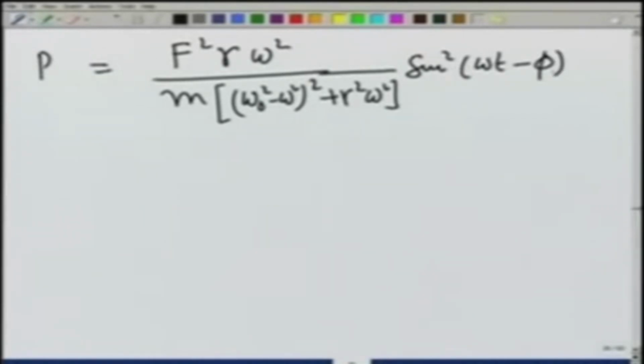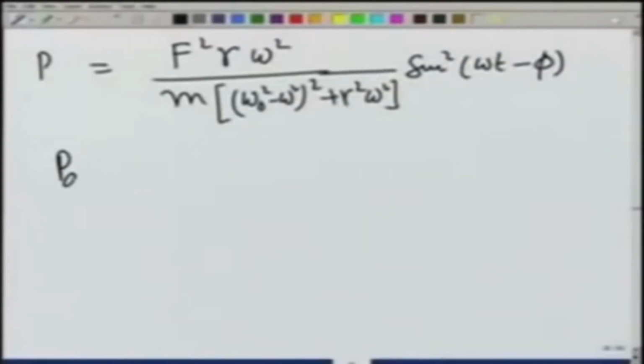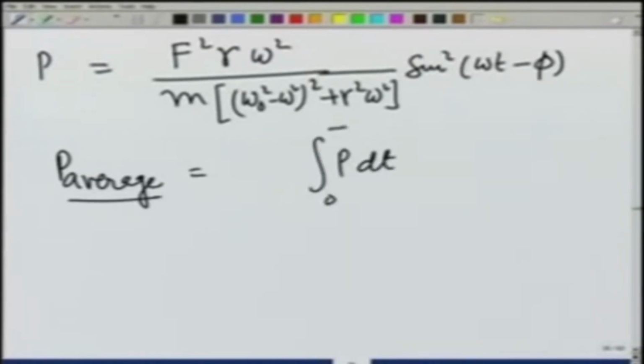So, power really fluctuates. If I were to calculate how much power is lost, average power over one cycle, that means I integrate the power from 0 to t and divide by t. So, on an average per second, how much power is being lost?